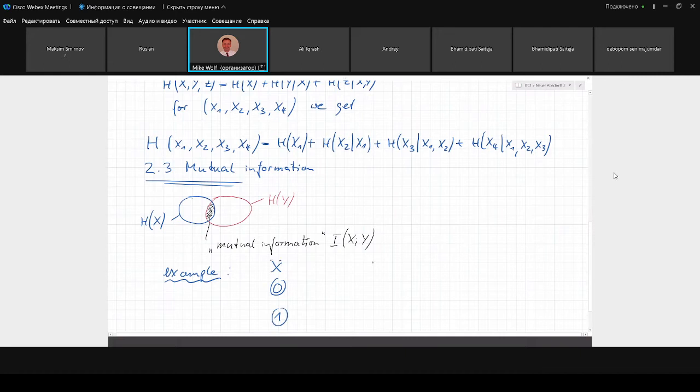And then we have a random variable y, which also takes the values 0 and 1, okay? So let's say the probability of x equal to 0 is 1/2. The probability of x equal to 1 is also 1/2.